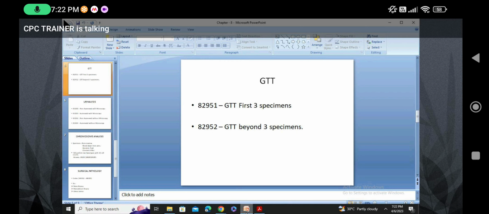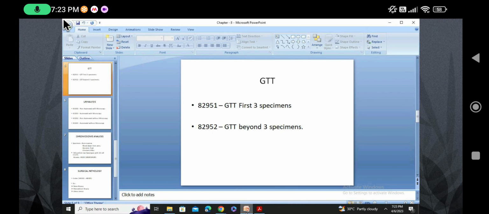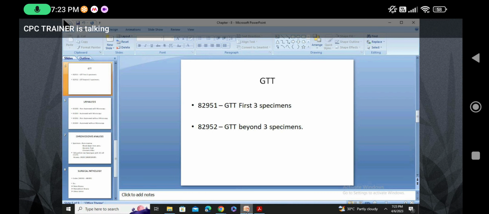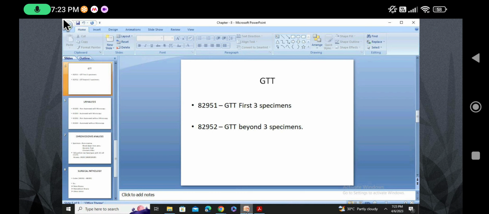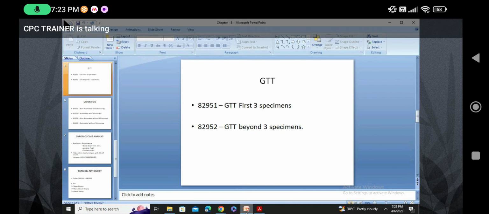Okay, so please note down the question, guys. The provider orders GTT, 5 specimens. How to code this, guys?